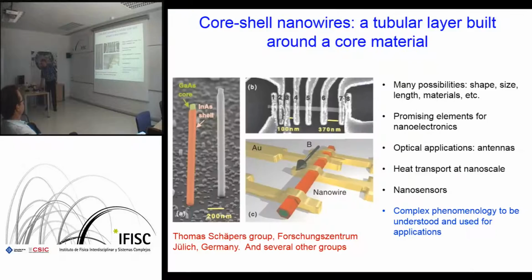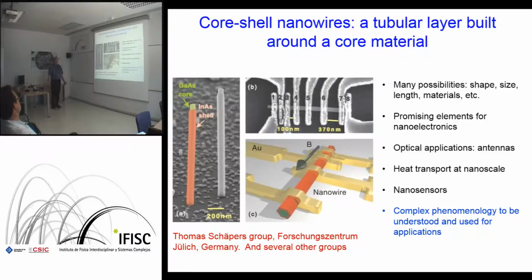Now, in particular, core shell nanowires are more or less like this pencil. You have a shell, in this case plastic, and another material inside. In this example, there is a gallium arsenide core, and surrounding that core, an indium arsenide layer or shell.